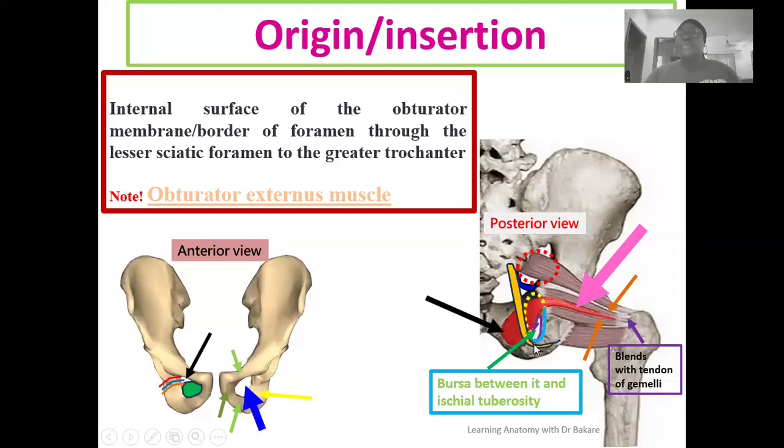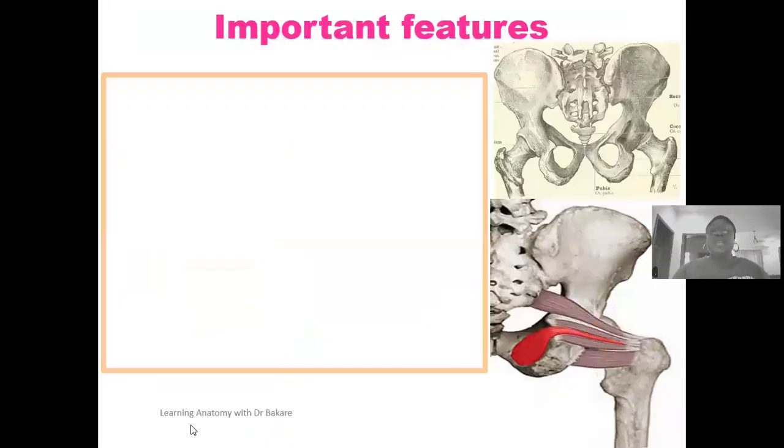So you see that this bursa is sandwiched between this muscle and also the posterior surface of the ischial tuberosity. And this is where it is seen to reduce friction between this muscle and also this bone. Because this muscle is seen to form an alignment with this bone at this point, so this bursa is created to help reduce friction.